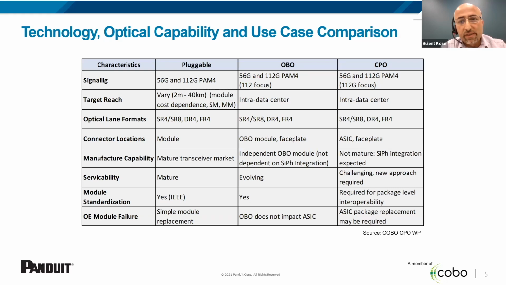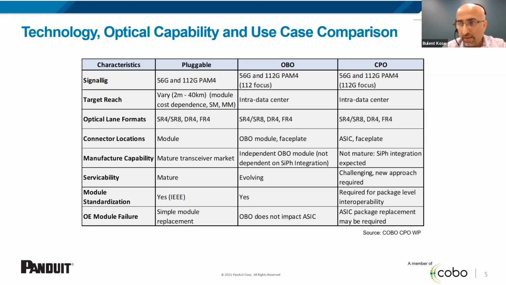For connector locations, that's the design of onboard and the co-package. Pluggables are at the module plane, and the other ones are on the module. The key issues that need to be addressed, the engineering challenges, are related to manufacturability, serviceability, module standardization, and the failure, or I guess reliability, of these modules.